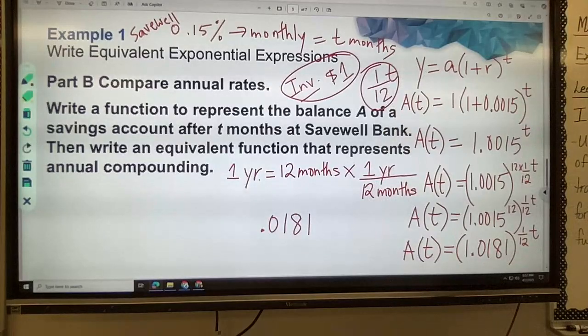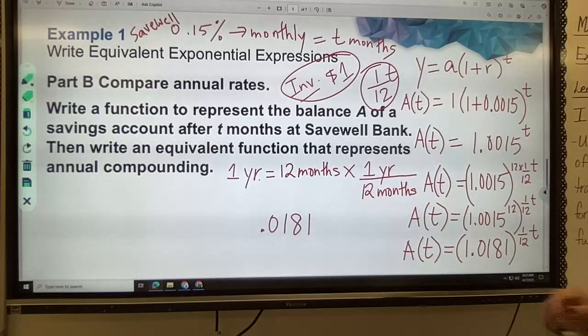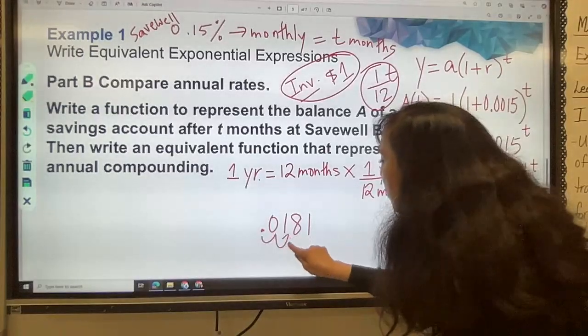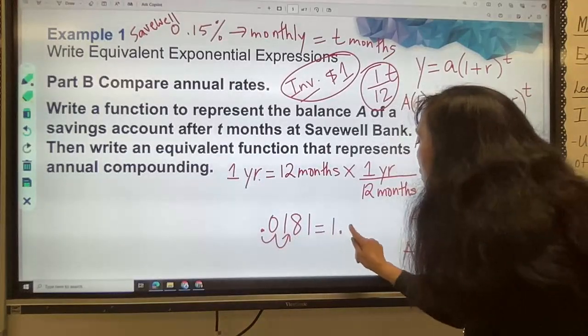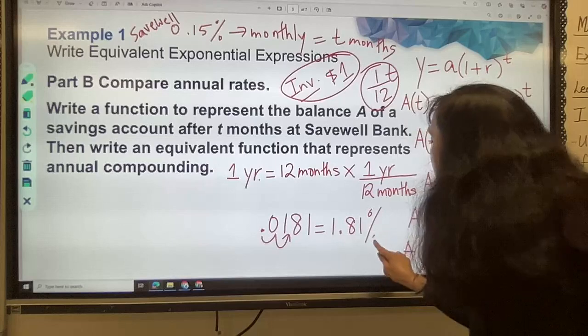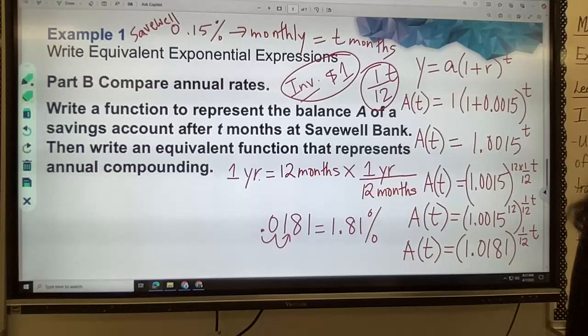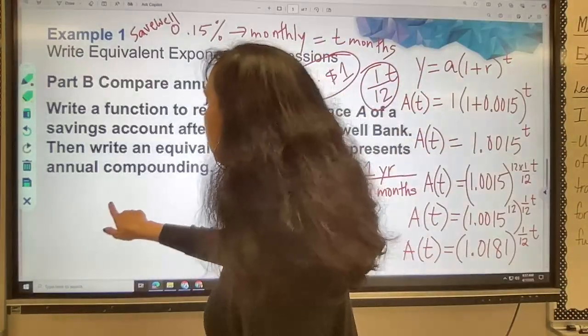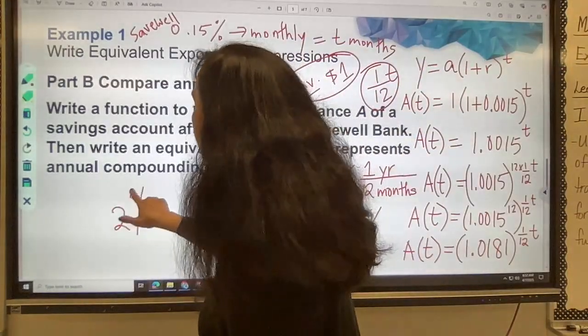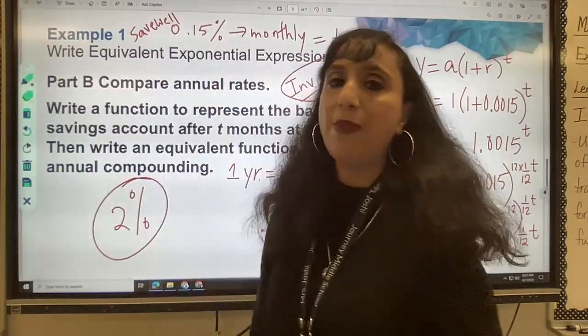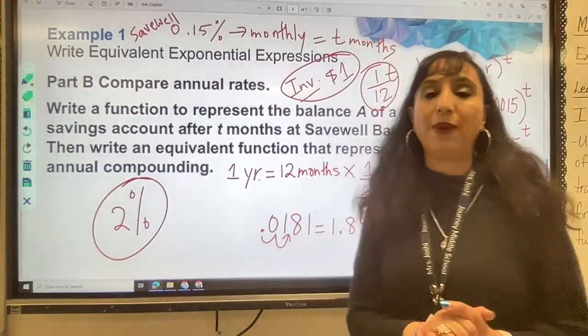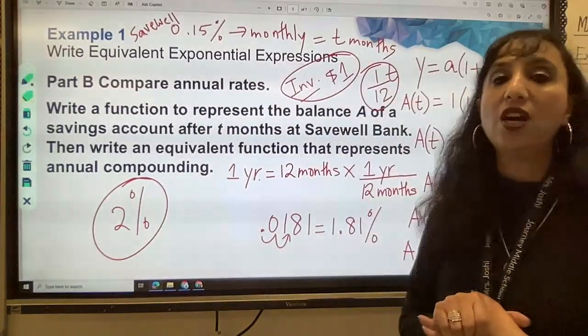And so we're changing that decimal to a percent, which gives me 1.81%. Okay, which is less than the 2% interest rate offered by the second local bank. And the second local bank was offering 2%. So, which is the better one? The second local bank, because that's giving a higher interest.